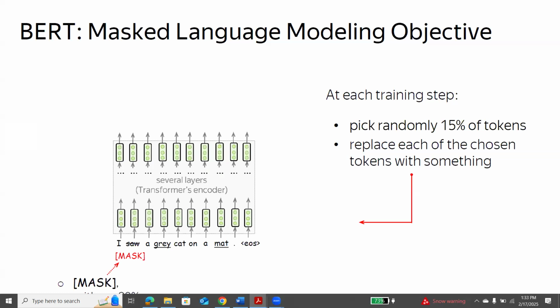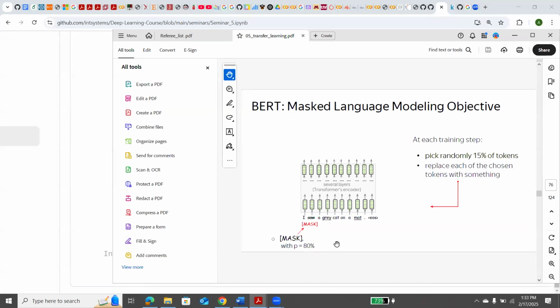And for these chosen words, you can see that for 80% of words were covered, or substituted, by another token, mask.